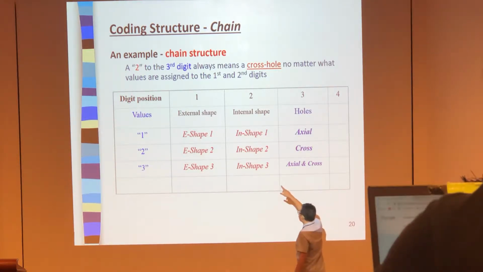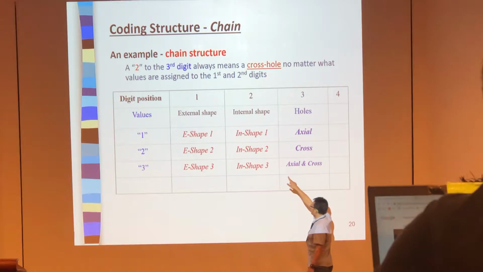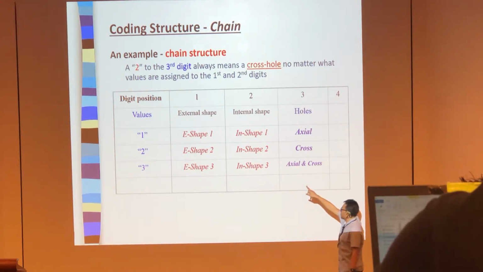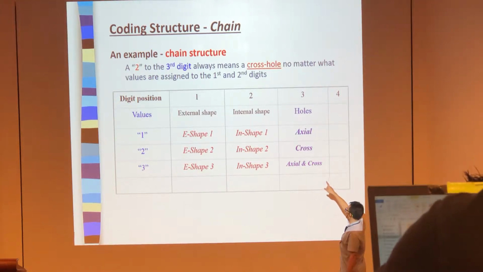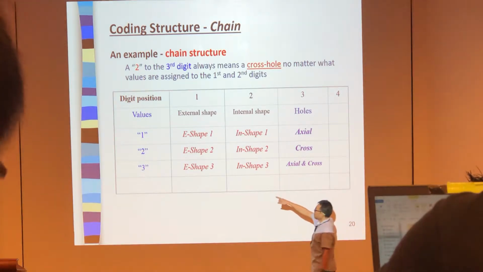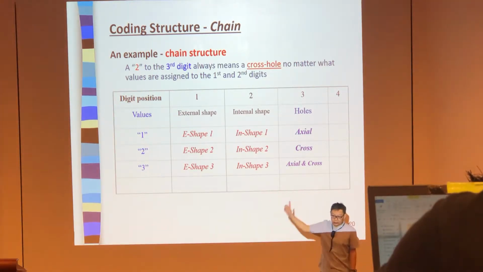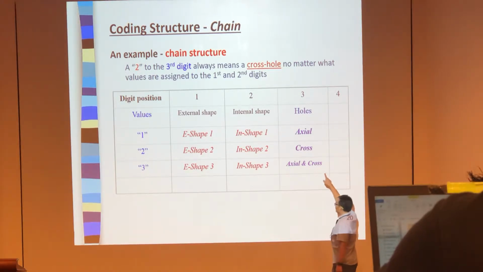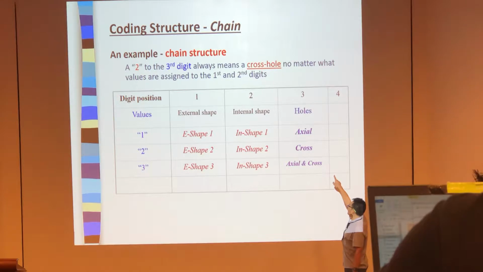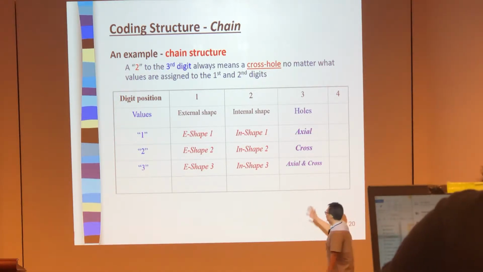The illustration is like this. In this example, it's a 4-digit code. The first one refers to external sheet, second one internal sheet, third one is host. And 1, 2, 3 are the possible values for each digit. You can see that for digit number 3, value 1 always refers to axial holes on the component, regardless of the values of the first, second, and fourth, and so on.